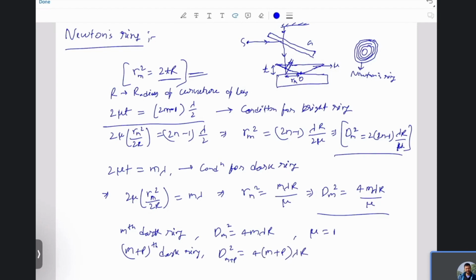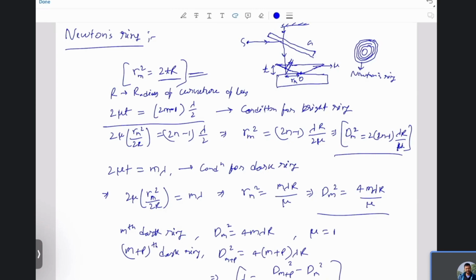Now you can subtract these two equations, and you will get dmp square minus dm square by 4pr.